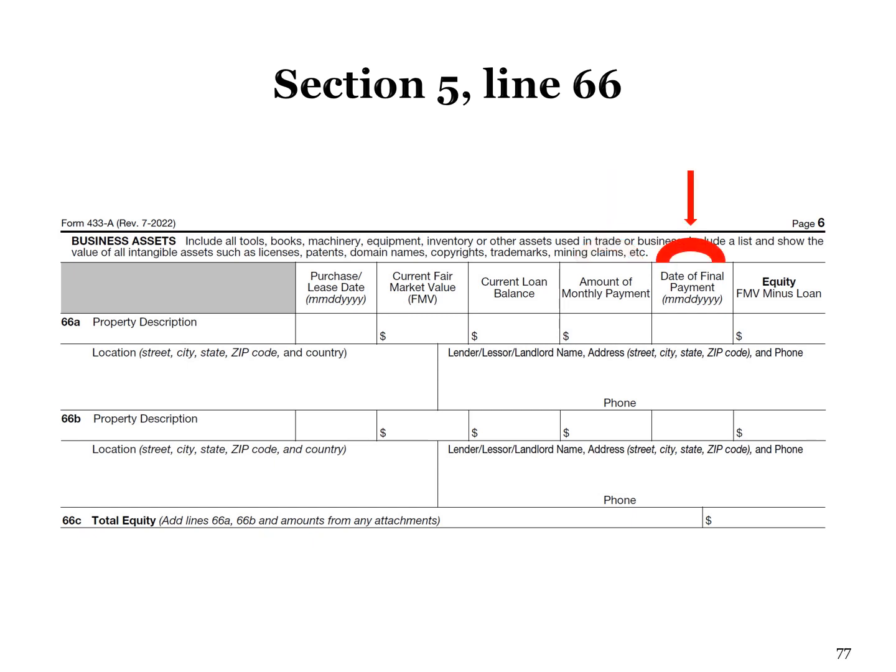The amortization schedule will indicate the date of your final payment. The IRS will calculate when that occurs and increase your installment payments to them by that amount. If there is any equity in the asset, the IRS may request that you sell it or obtain a loan against it.